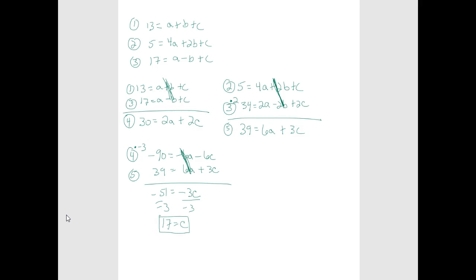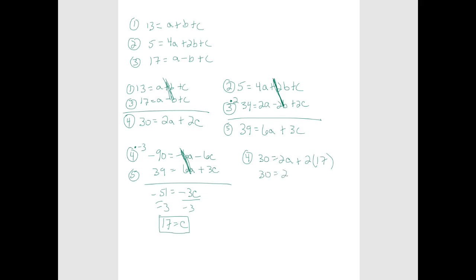So now I know c, and now I can back substitute and work my way back up to get the rest of the variables. So I can use equation 4 or equation 5 to find a. I'm going to go ahead and use 4 because it has smaller numbers. So using equation 4, I'm going to replace c with 17. 2 times 17.